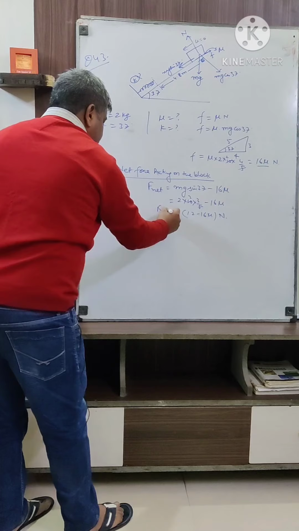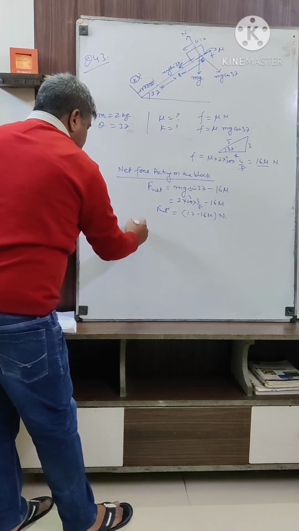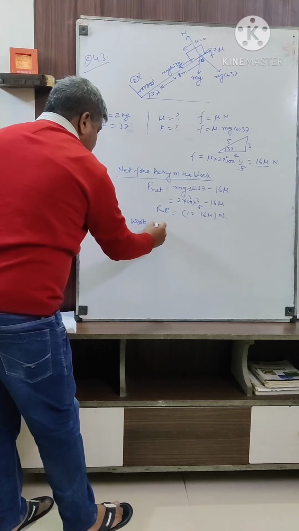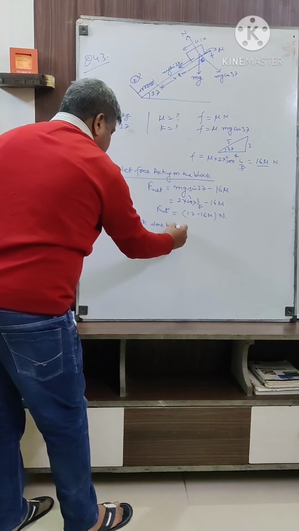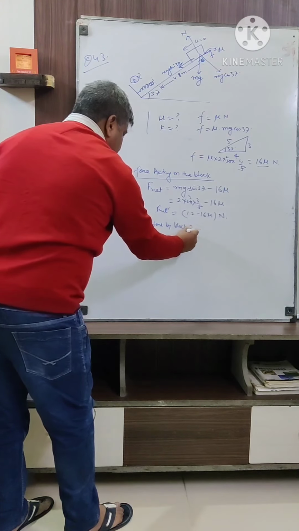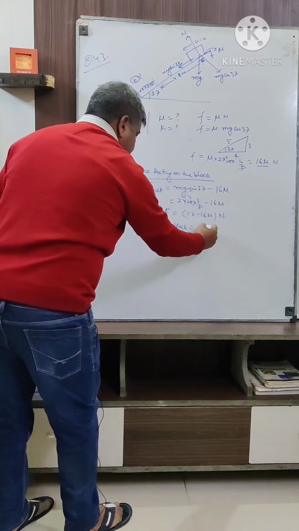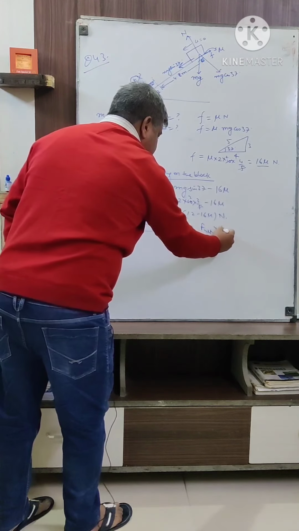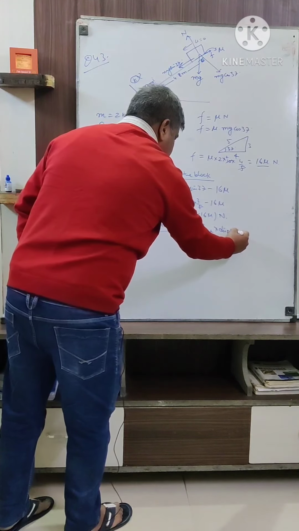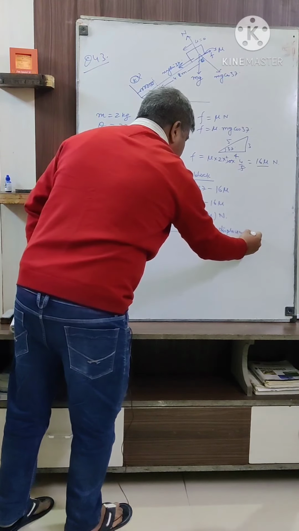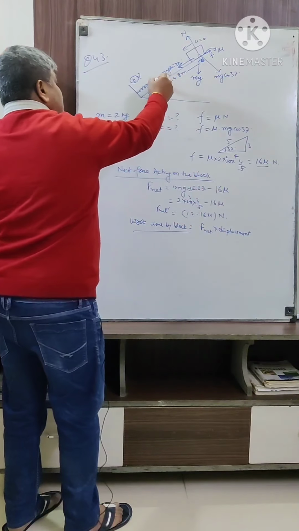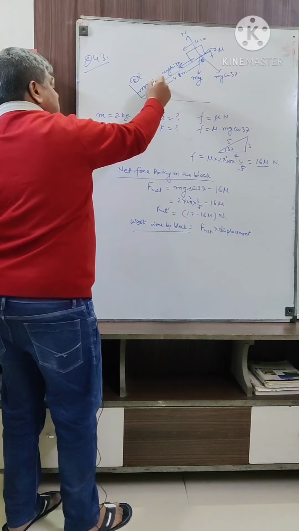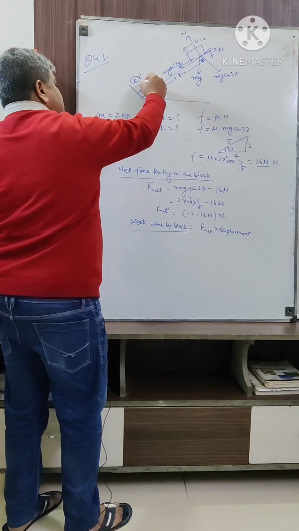Now we will find the work done by the block. Work done is F net multiplied by the displacement. It is given in the question that the block has travelled 4.8 meters and also compressed the spring by 20 centimeters.